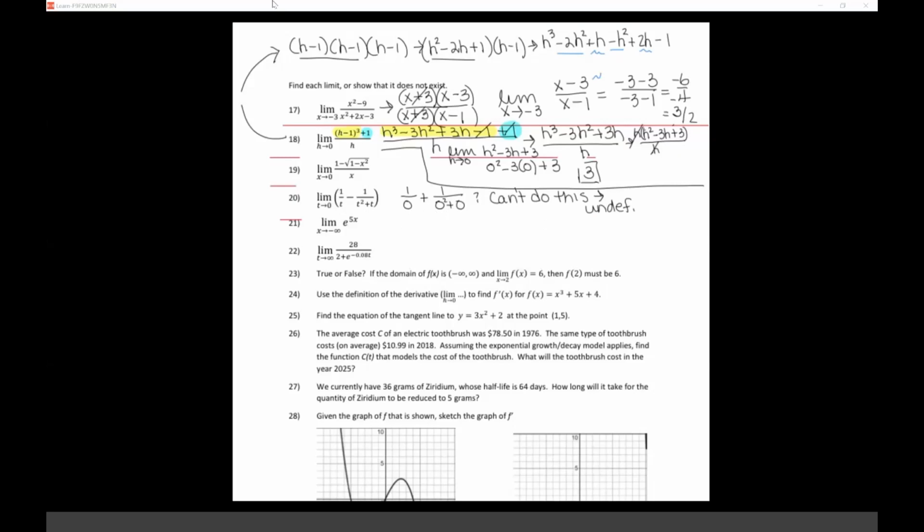So we know we have to do some algebra here. How would you algebraically manipulate this one?